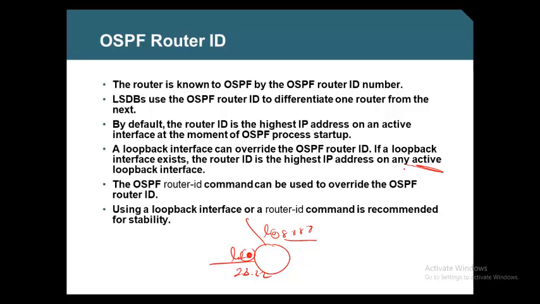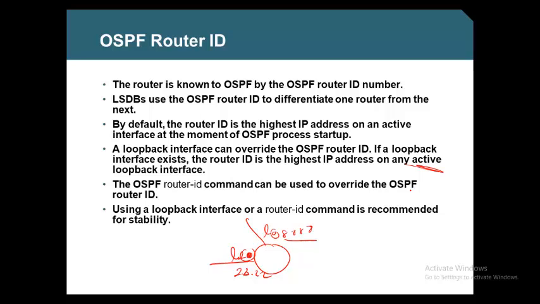If you see my notepad, I configured the loopback interface first. You know why? Because if I put this one down here, it will take this as the router ID.